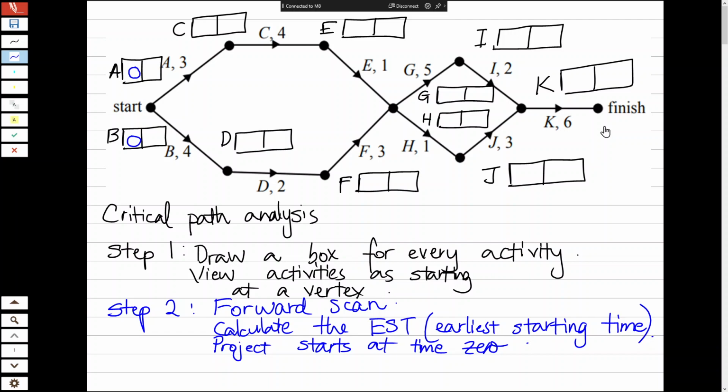What we're going to do now is work from left to right. We're going to fill in all the boxes on the left with the earliest starting time of each activity. And once we get to the end, this number at the finish will tell us how long it takes to do the whole project. So I forgot to write another box for the finish, so draw another box for the finish.